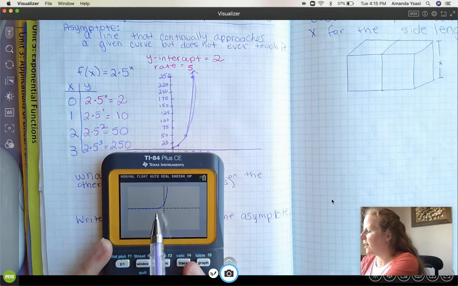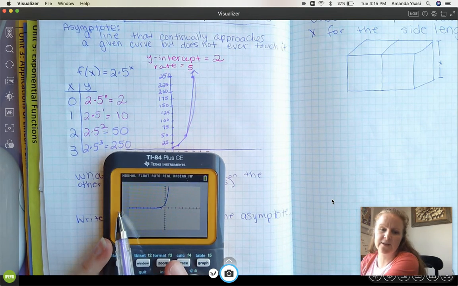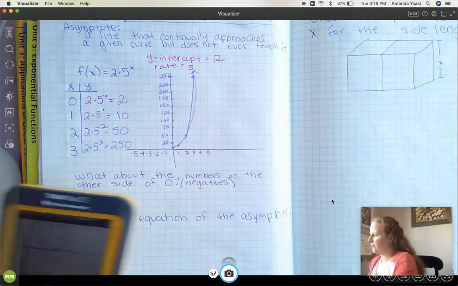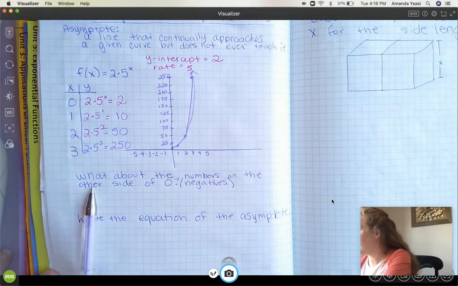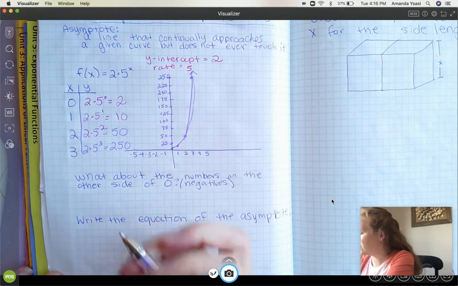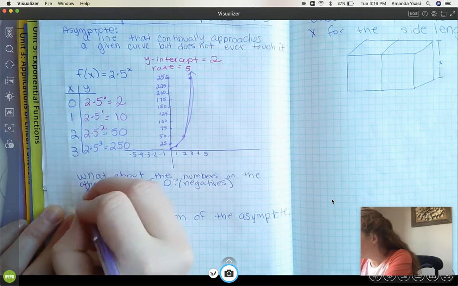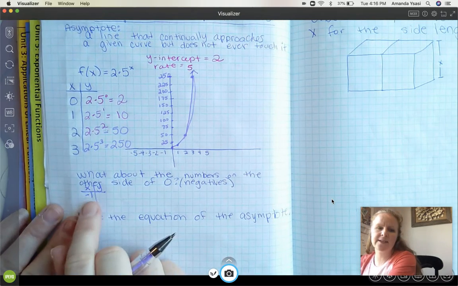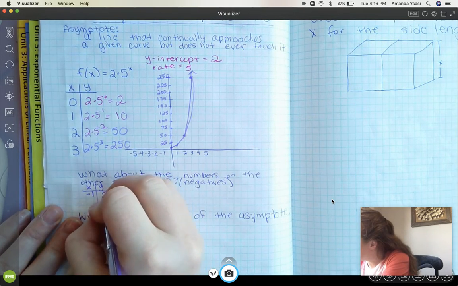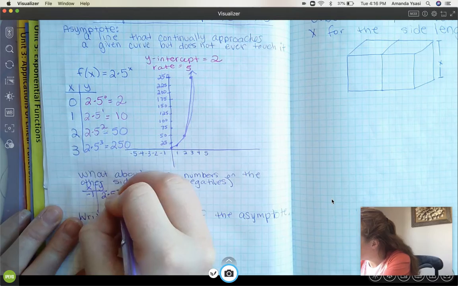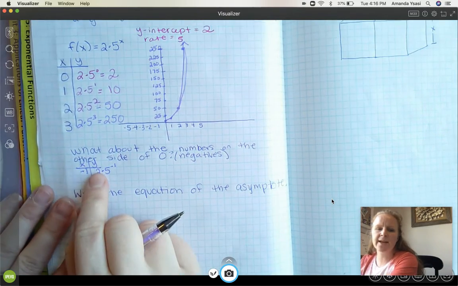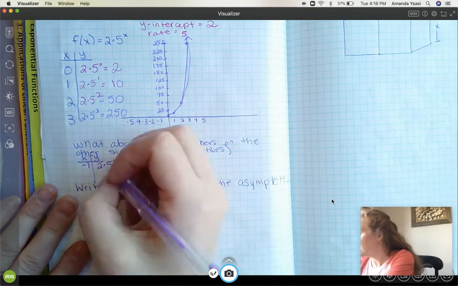So what we've talked about before is seeing that this line looks like it's a horizontal line, but it's not because what about the numbers on the other side of 0? So let's talk about what -1 matches with. So I'm going to do x. If x is -1, that's like saying 2 times 5 to the -1. Remember what -1 was?